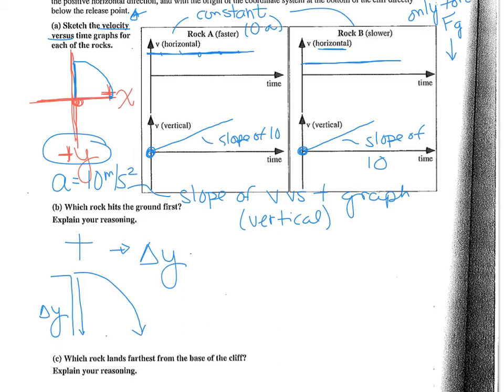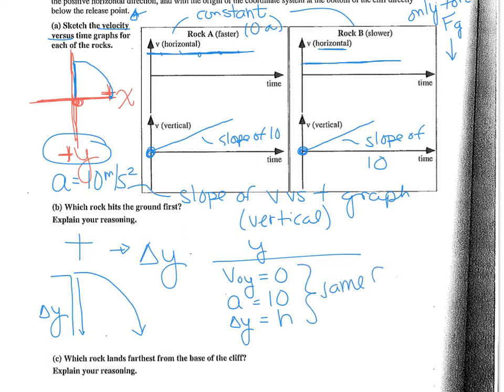And because in the y direction, my initial velocity is 0, my acceleration is 10, and my delta y is this height. And this is the same for both rocks. They both hit the ground at the same time.